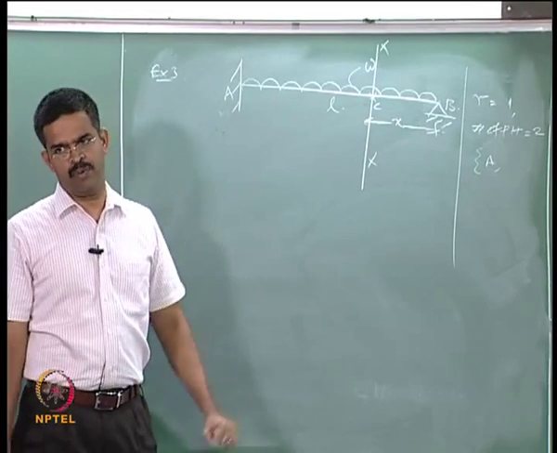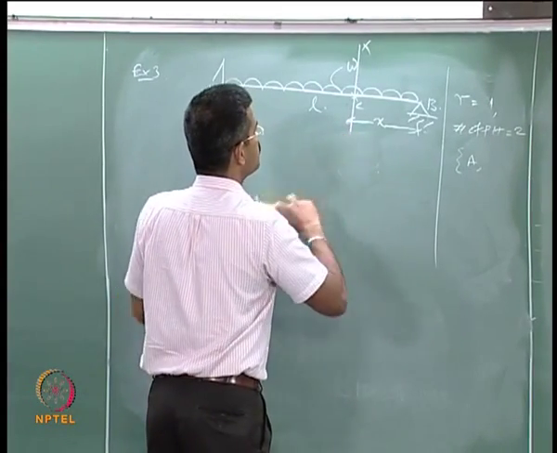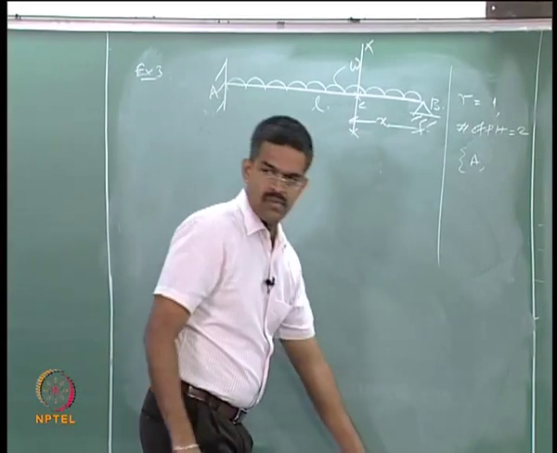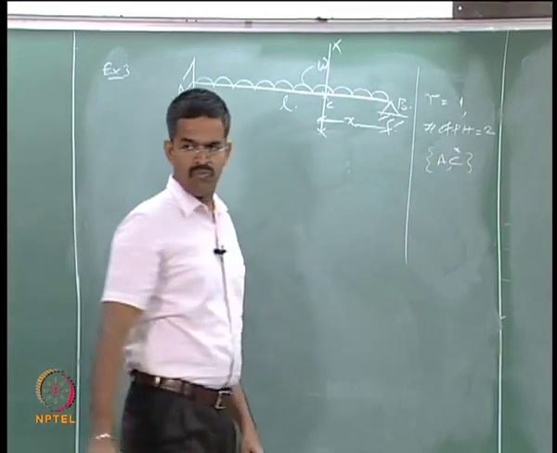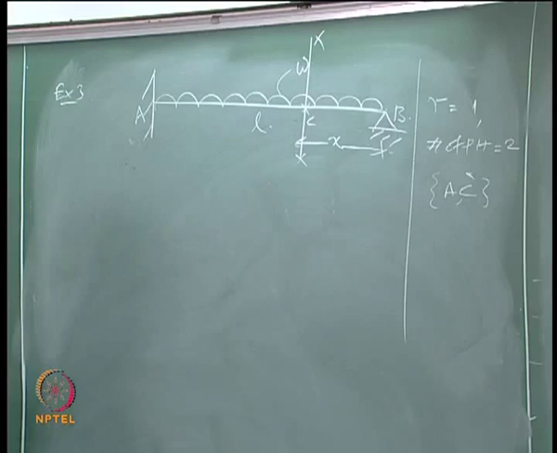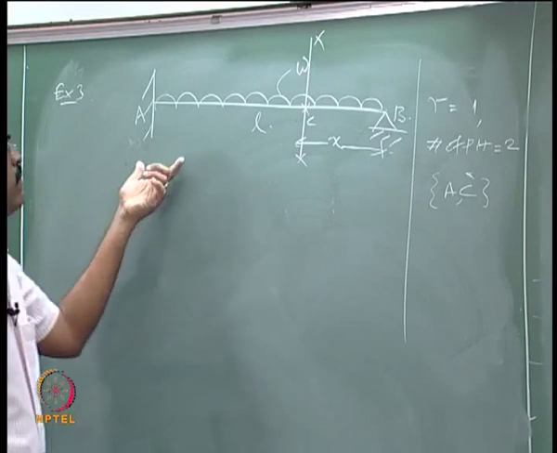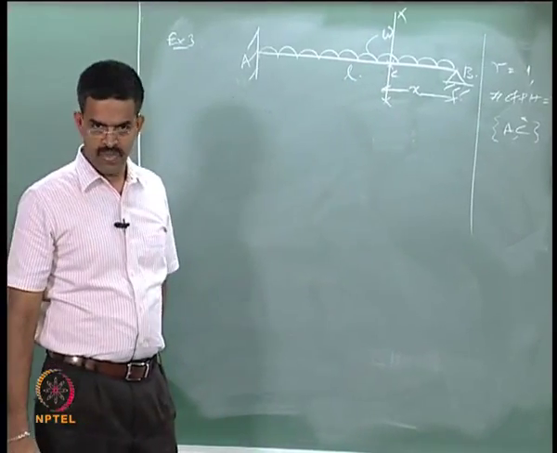Okay, so we should find that point. Are you getting the question here or not? So it will be at C, which we do not know, we want to find the point C as well in this problem.